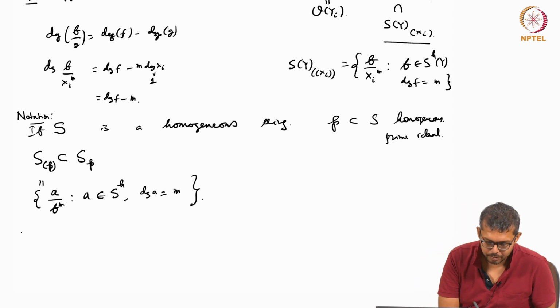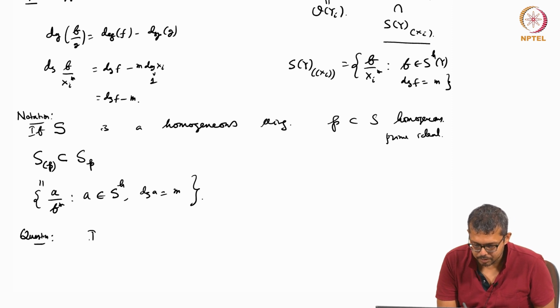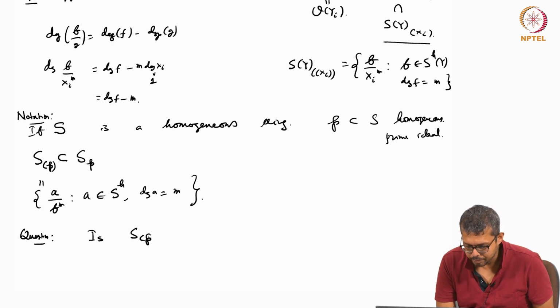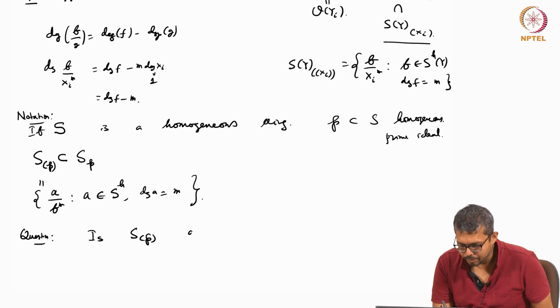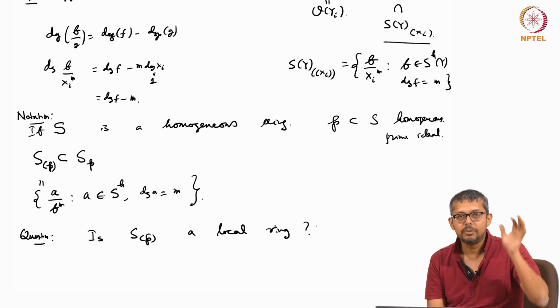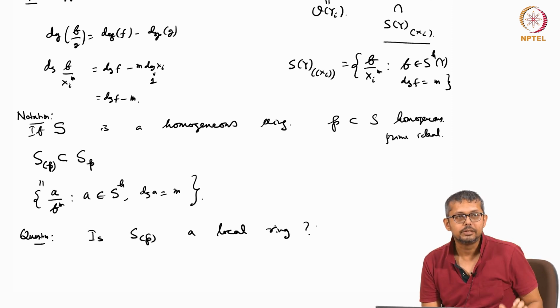Okay. So question: is S_(P) a local ring? This is a subring of a local ring, right? So are subrings of local rings local rings?